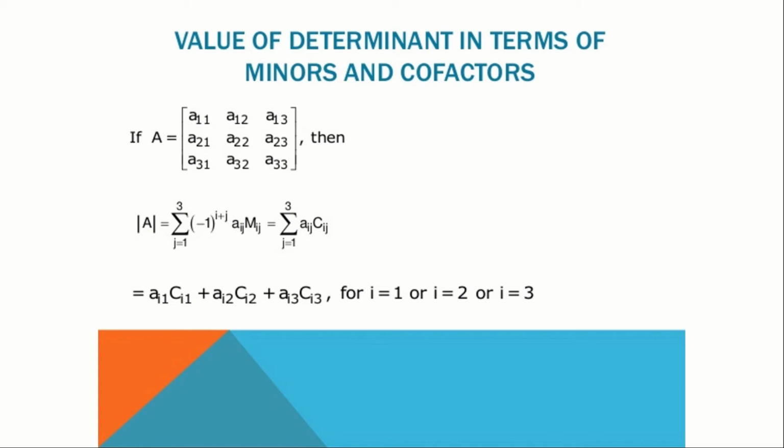Minus 1 to the power of i plus j. Okay. So we will do Aij. A will be the element. Aij will be the element and Mij will be the minor. So we will get it as summation j equal to 1 to 3 Aij into Cij. Cij is the cofactor, whereas Mij is the minor and Aij is the particular element.